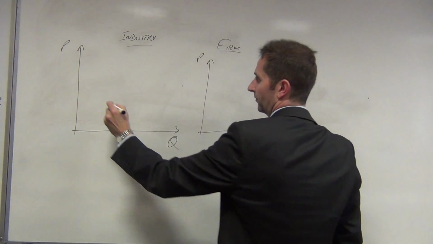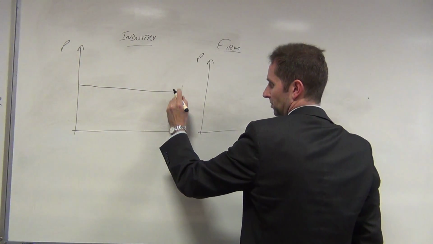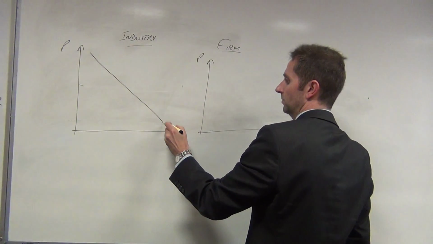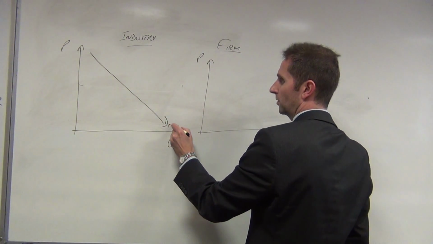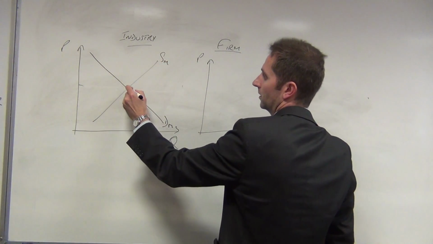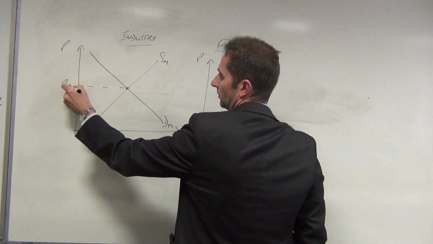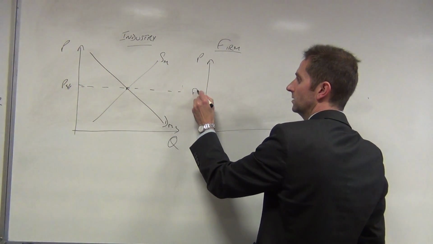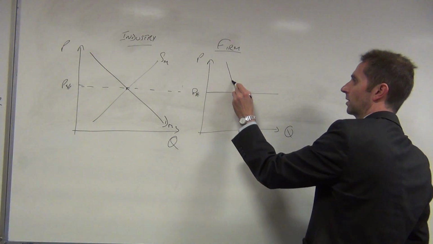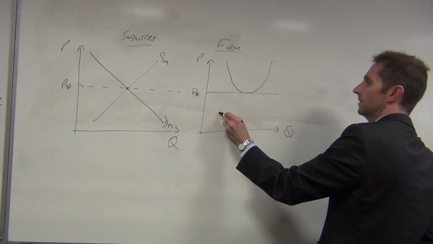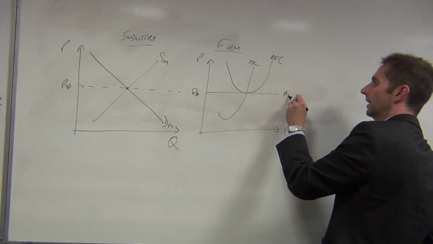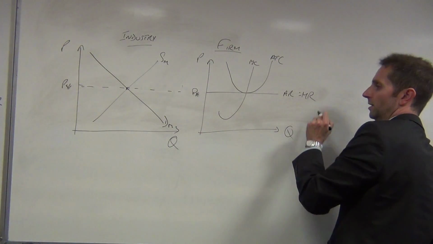So we're going to start from the long run equilibrium position. So we've got the demand curve, market demand curve. We've got the supply curve. Got our initial equilibrium position. Taking that across. Putting our cost curves on. MC, ATC, AR equals MR. Okay, that's us ready to go.